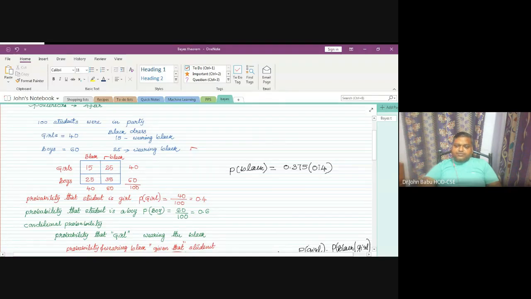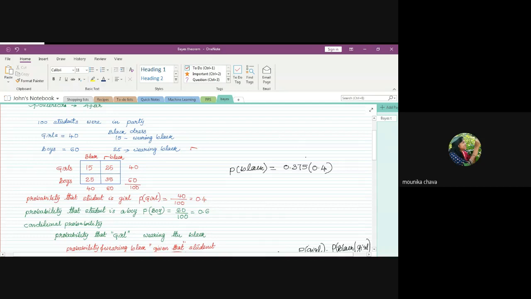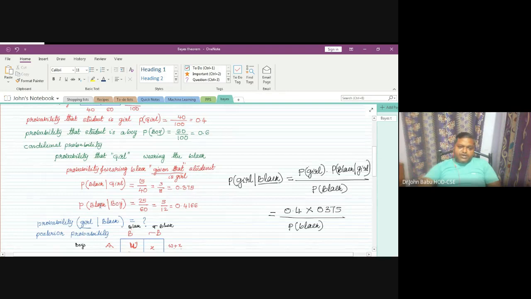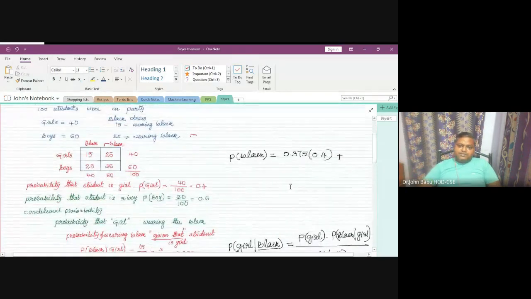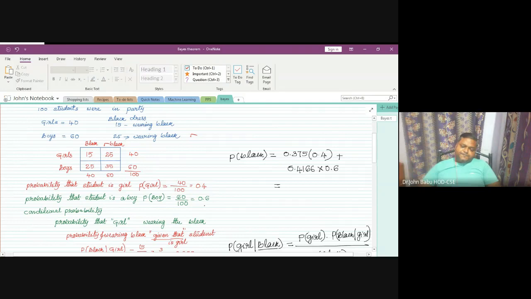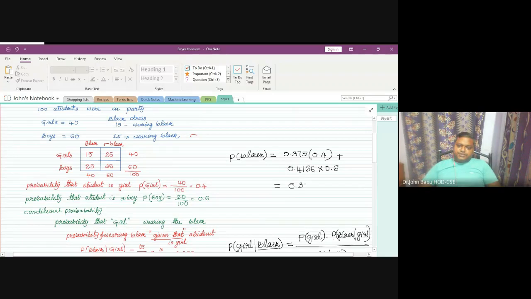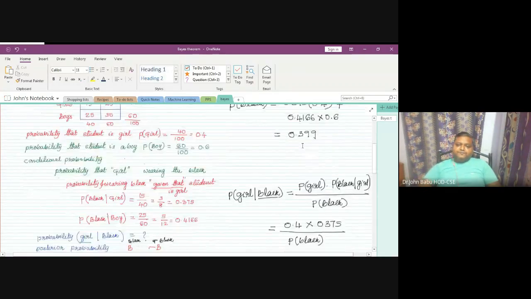So that is 0.4 plus boys black. Given a boy wearing the black is 0.4166, into boys probability which is 0.6. What is the value? 0.399.